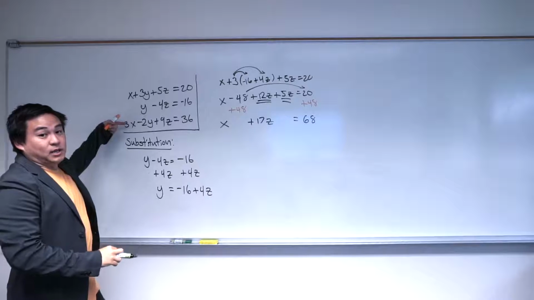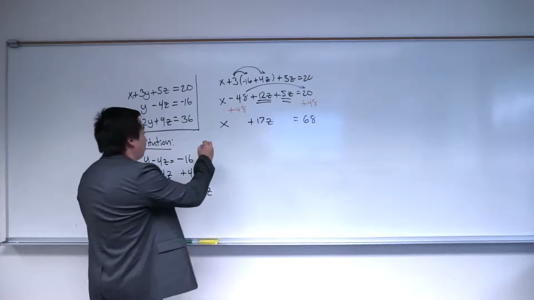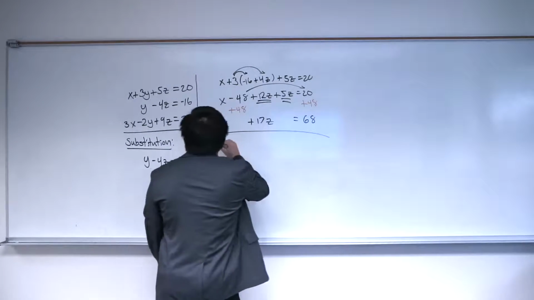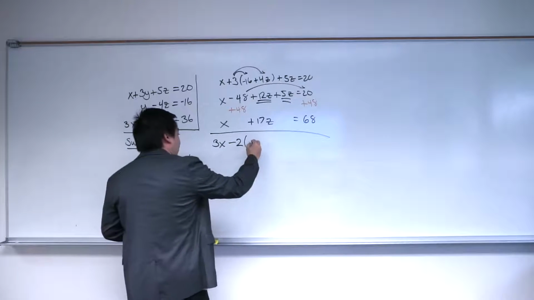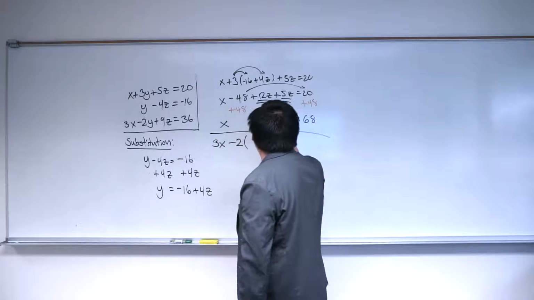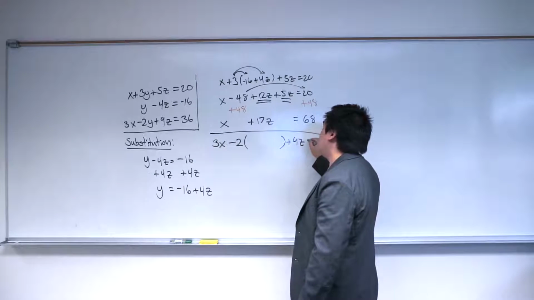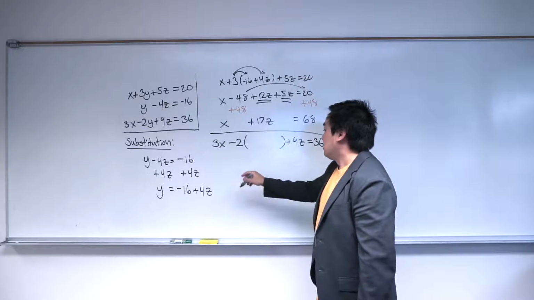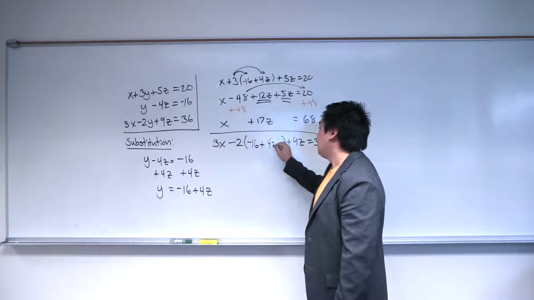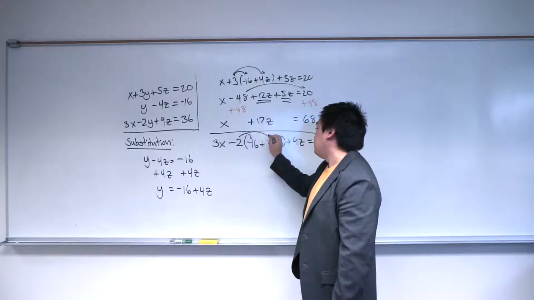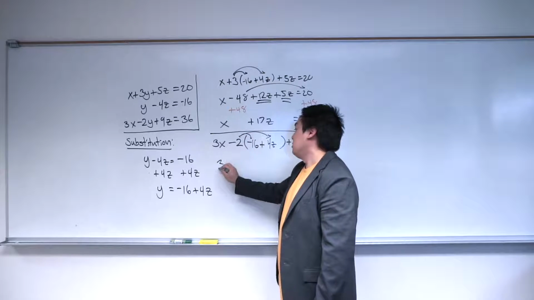Let's go ahead and do that for the second one, which is the 3x minus 2y part. So we get 3x minus 2 times, and again, parentheses, plus 9z equals 36. So what goes in here is the minus 16 plus 4z. And again, simplify by distributing and adding like terms.